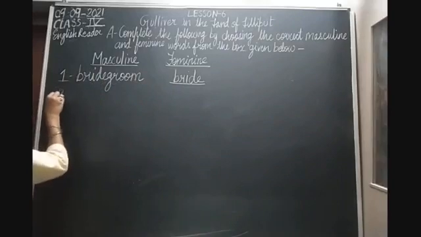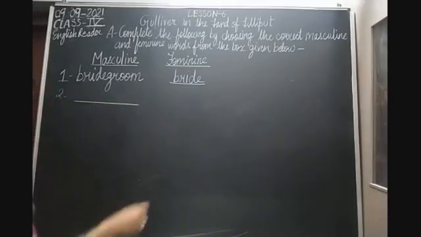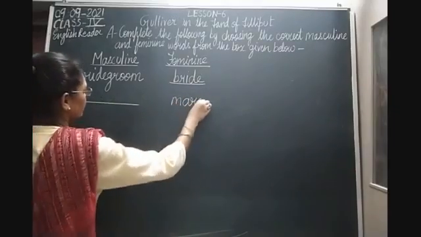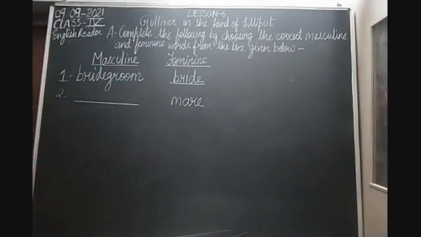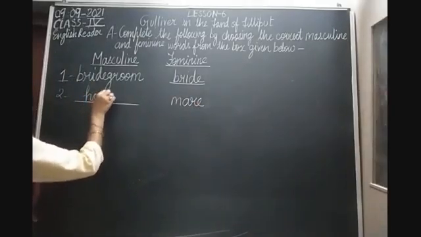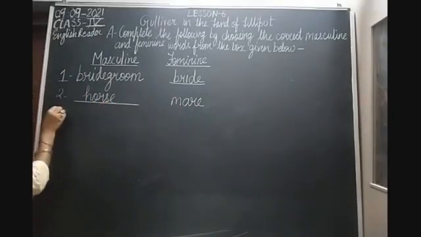Now, the second one, masculine gender, blank is given, and in the feminine gender it is written mare. Mare is a female horse. So what will be the opposite masculine gender of mare? Horse. Horse, mare, mare, horse.